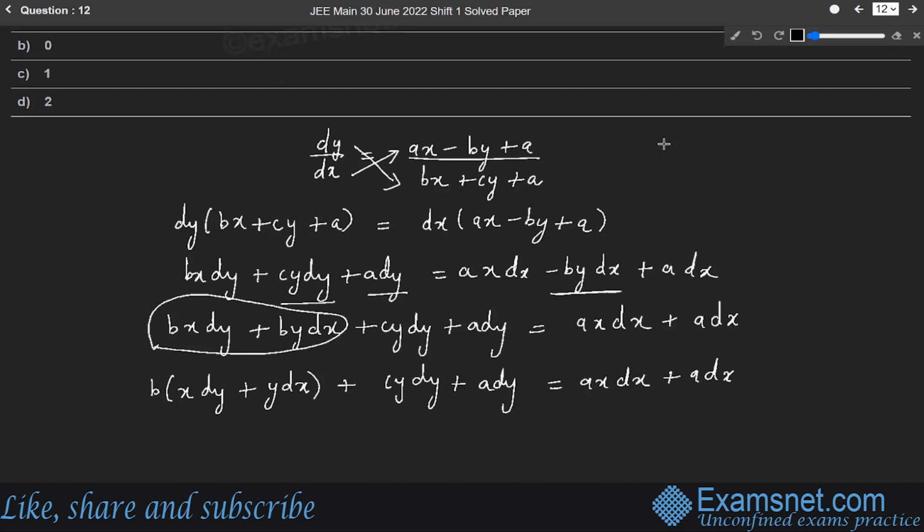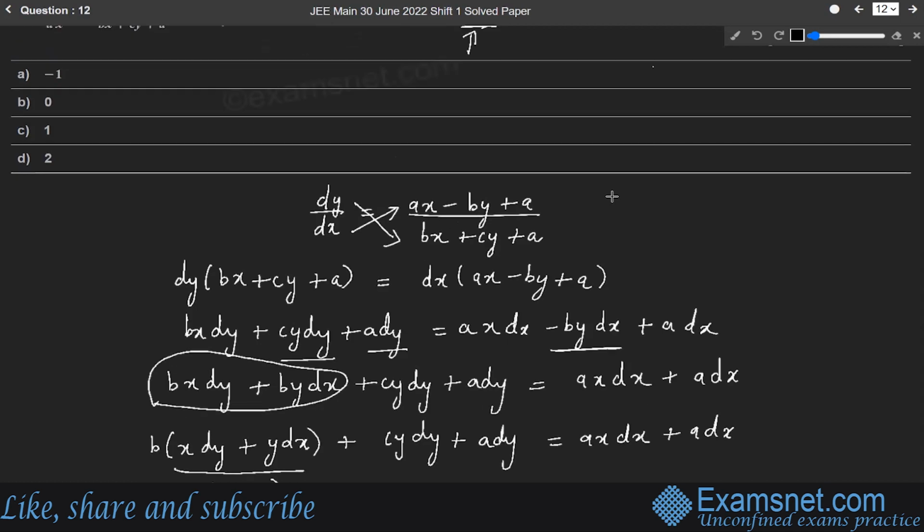Now again, if we look carefully, what is x dy + y dx? It is actually the differentiation of x into y. We know that there is a formula: d by dx of x into y, let us consider this as first and this as second. The formula is first into d by dx of second plus second into d by dx of first.